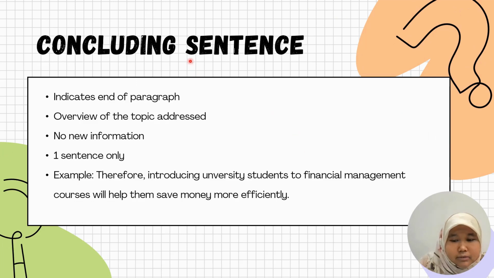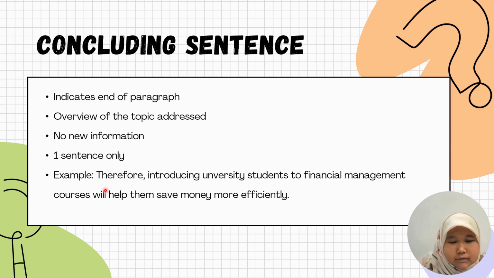So that's the supporting details, and now let's go to the concluding sentence. The concluding sentence indicates the end of a paragraph. It gives an overview of the topics addressed, no new information is given, and it is one sentence only.